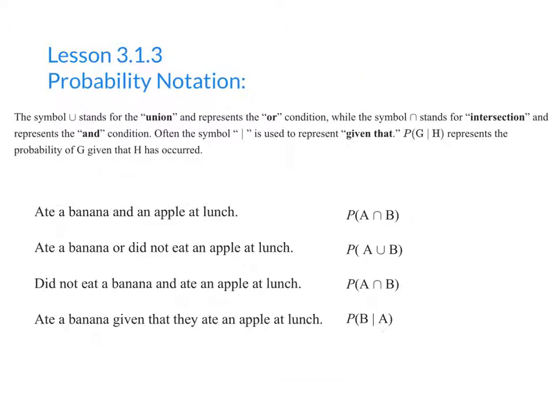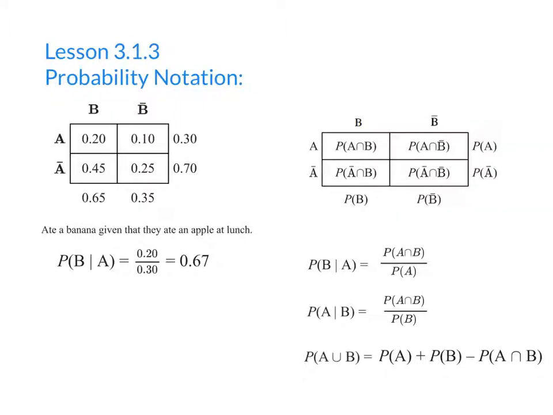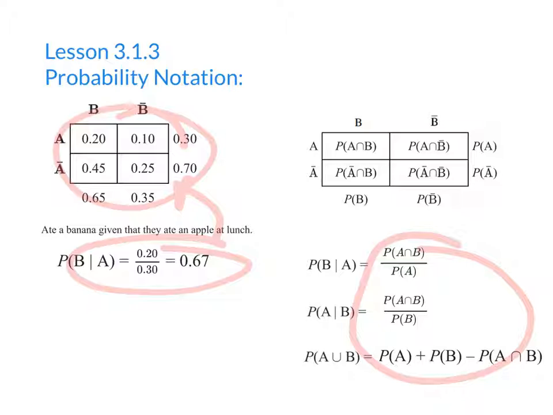In Lesson 3.1.3, students are given shorthand symbols for common probability situations of and, or, and not. Just as students reason calculations from joint and relative probabilities, they are able to reason formulas from probability notation.